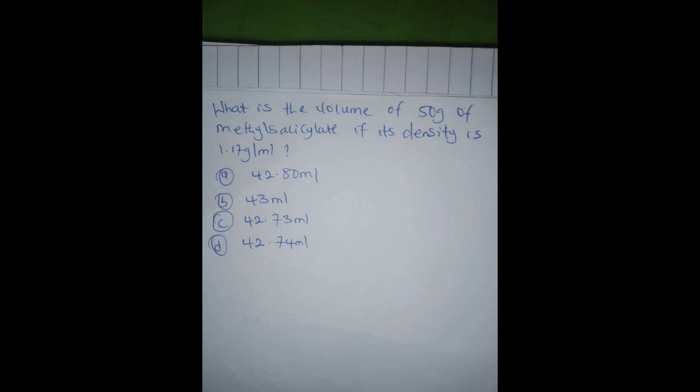Although there are other schools of thought that insist that if it's more than 5, you approximate, and if it's 5, you throw it away. But I don't belong to that school of thought. I belong to the school of thought that believes you should round up if it's up to 5. So that's why I will choose option D, 42.74 mL. All right, thank you.